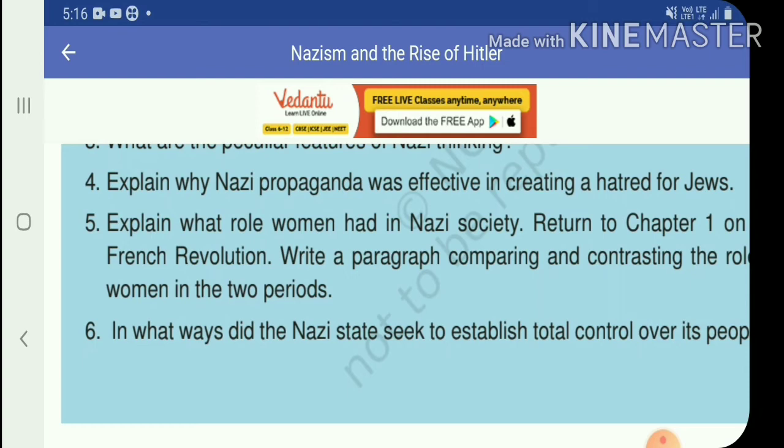The Nazis were quite effective in using propaganda to great effect. They made propaganda films to fan hatred for Jews, the most infamous being The Eternal Jew.